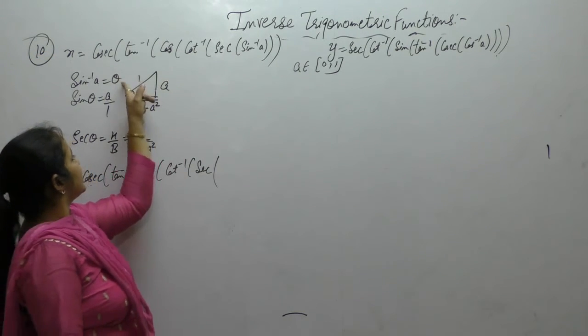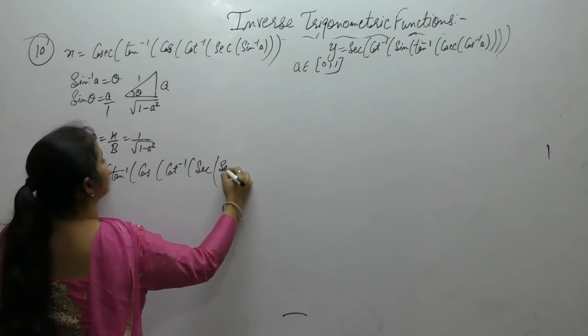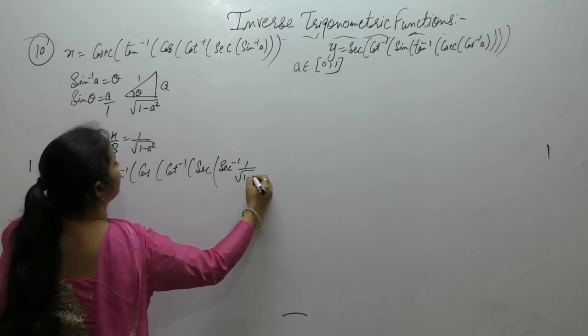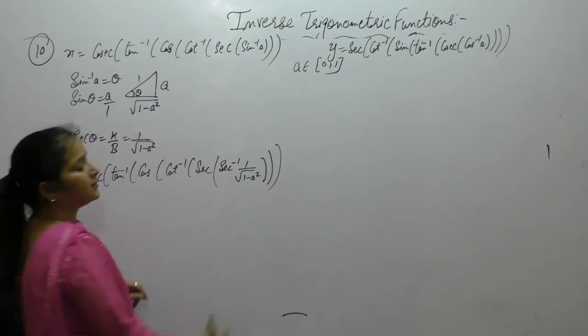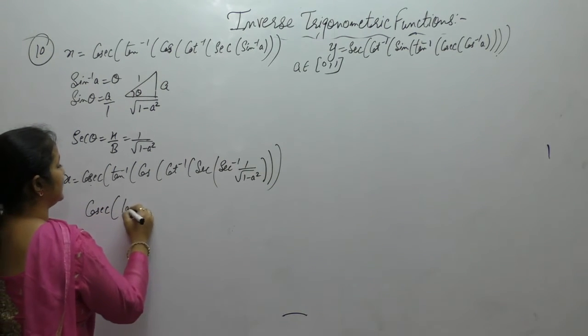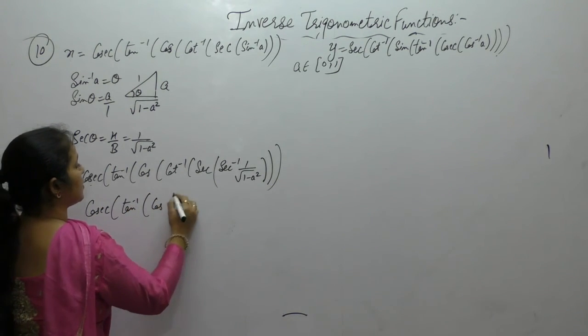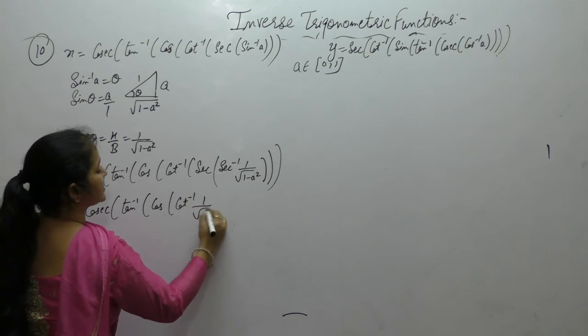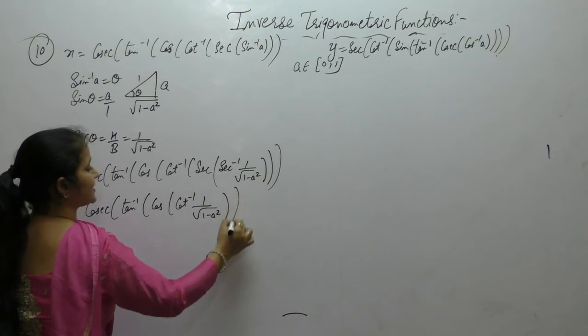Sin inverse A is equal to theta and theta is equal to sec inverse 1 upon this. Sec and sec inverse will get cancelled. So cosec tan inverse cos cot inverse 1 upon square root of 1 minus A square.